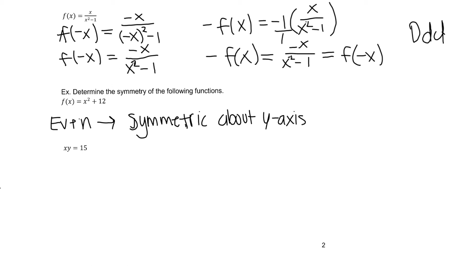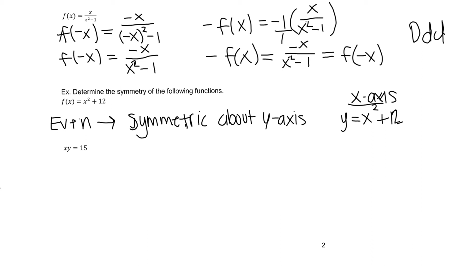And because it's symmetric about the y-axis, I know it can't be symmetric about the origin. So we're just going to double check to see that it's not also symmetric about the x-axis. So to see if it's symmetric about the x-axis, I'm going to go ahead and write it as y equals x squared plus 12.